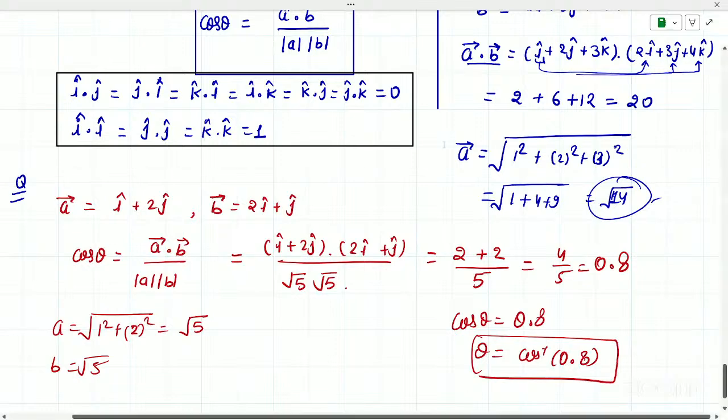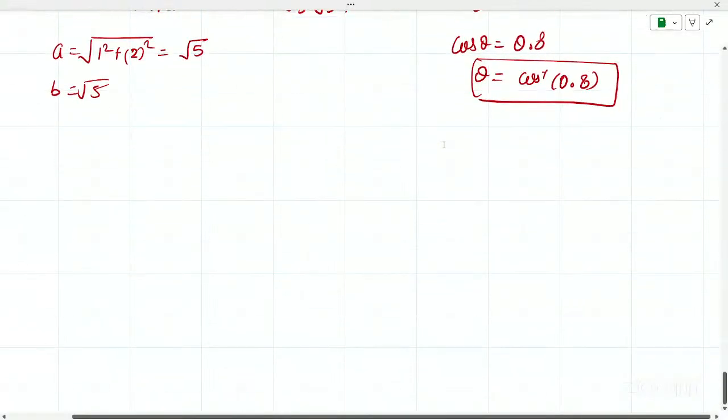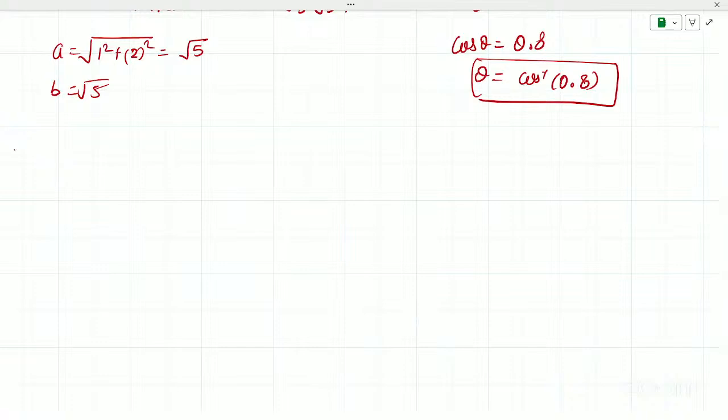Got it? Now, the next topic here is cross product or vector product.